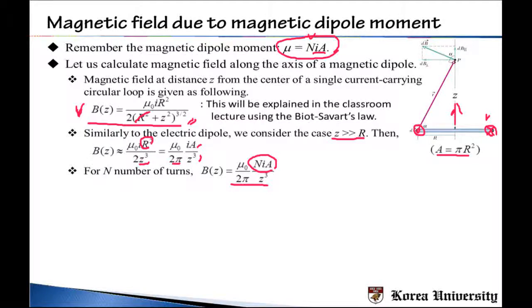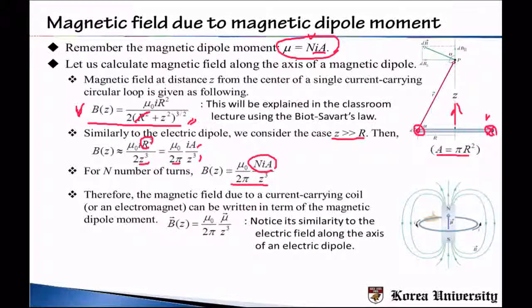So you can replace this by the magnetic dipole moment, and this magnetic dipole moment is of course a vector. What is the direction of the vector? If you use the right hand rule, this will be the direction of this magnetic dipole moment vector mu.